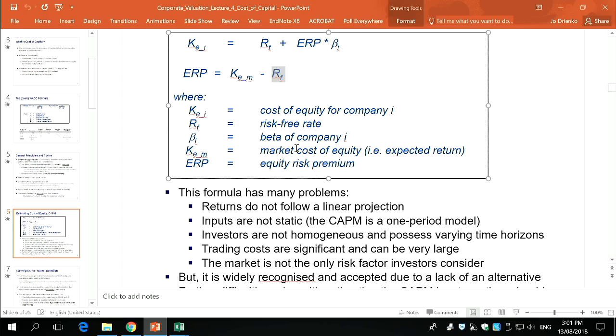In real life, they're not static. They do change, they do update. But yeah, sure, there are various ways you can improve the model, and people have tried over many years. Ever since the model was born in the 60s, they knew even then that it was garbage, and they've tried to make it better. But as you can see, we're still here. We're still talking about the CAPM and the basic one-term CAPM.